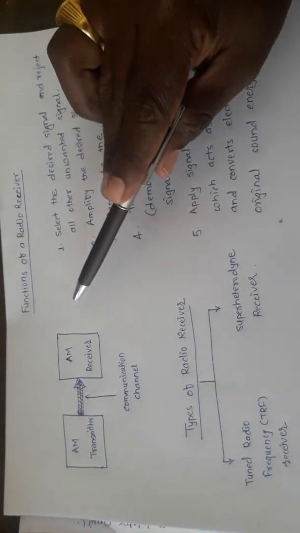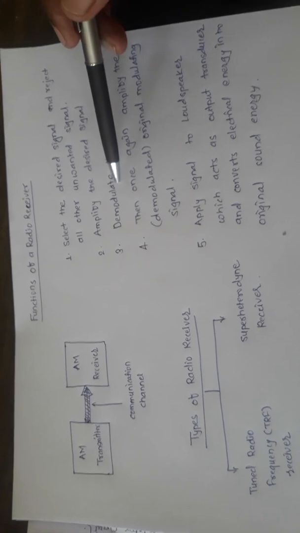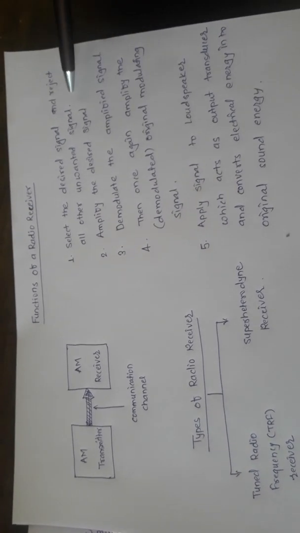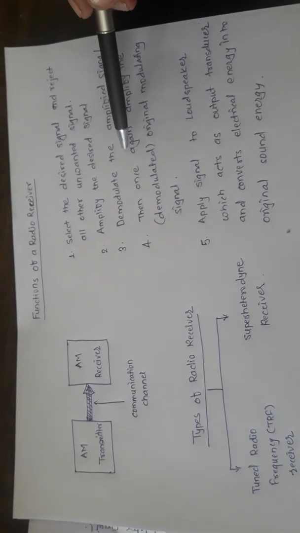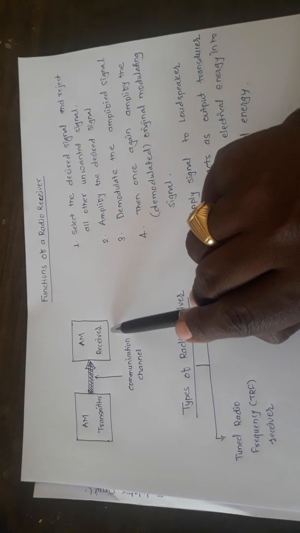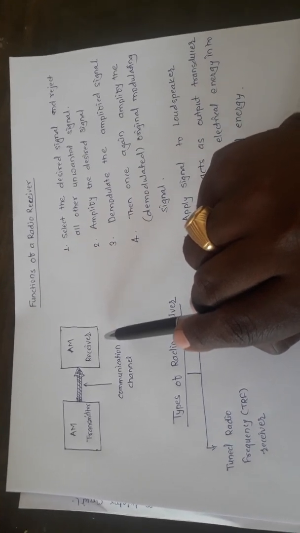Now, in the AM receiver, we want to regenerate the desired original signal. To get it, we first of all demodulate the signal. So we separate the carrier and the modulating signal. Modulation is done at the transmitter, while at the receiver side the demodulation process is done.